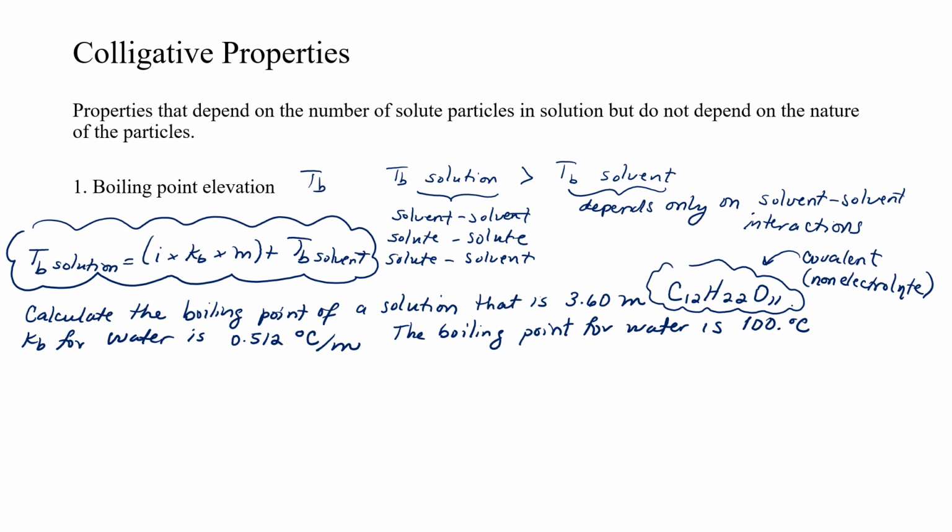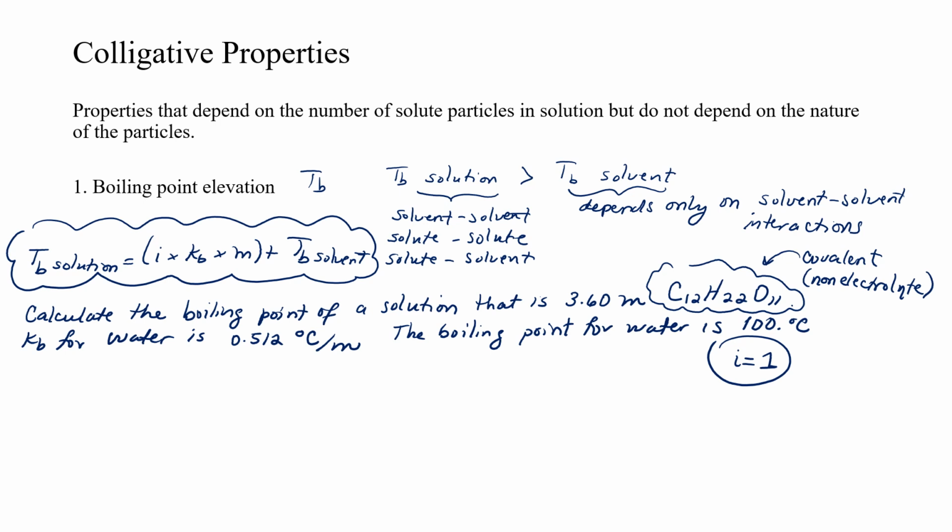When an ionic compound dissolves in water, you're going to get all of the ions in solution. So the number of particles, the i, is going to depend on how many particles you're getting from every mole of the solute that you have in solution. When you're dissolving a covalent compound, the numerical value of i is always 1.